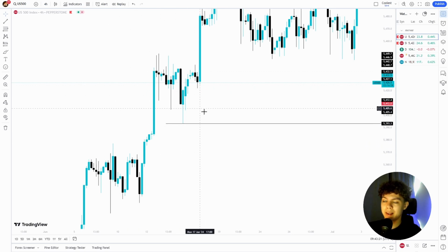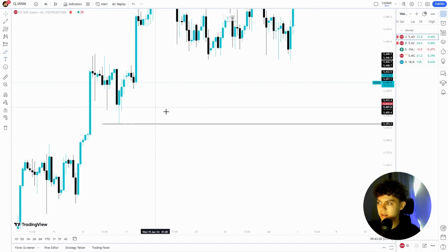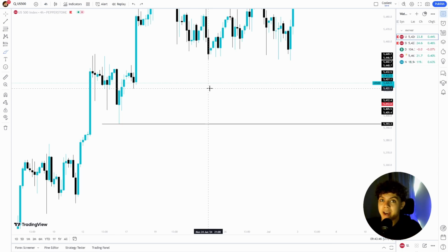And when these kinds of places get hit, there is a 95% chance that the price will go in the opposite direction. In my 3.5 years of trading, I've seen this thousands of times.